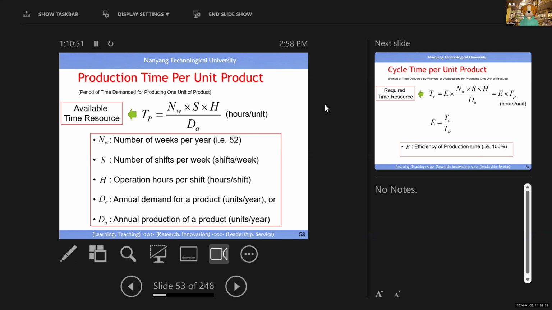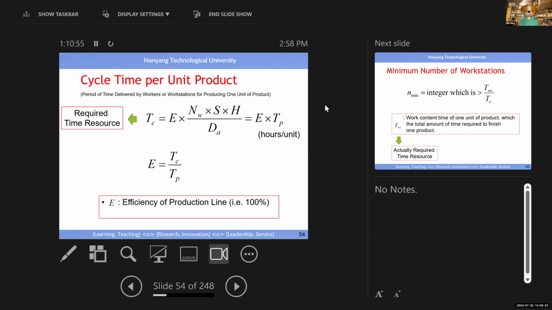So that is the average time resource for the production of each unit of the product. But the thing is, if you constrain the time so tightly, with a little bit of variation you will miss the target, right?